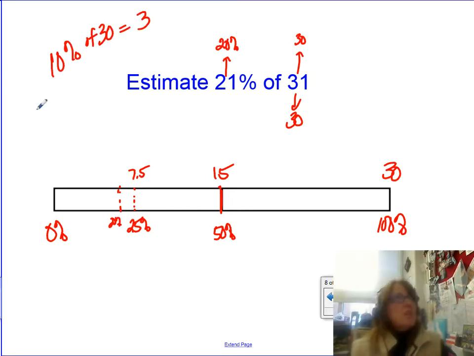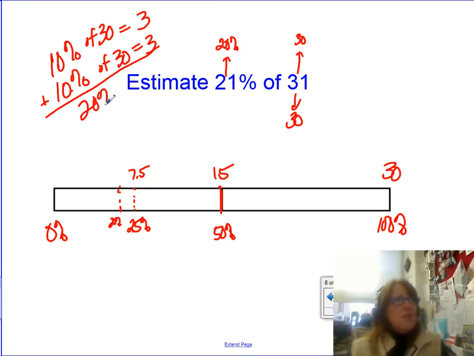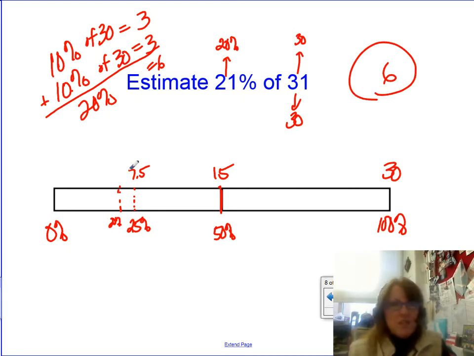Just move the decimal. And then another 10% of 30 is another 3. When I add these two together, that'd be 20%. You get 6. This way I might be kind of waffling in 6-7 land, but doing the 10% is the easiest.